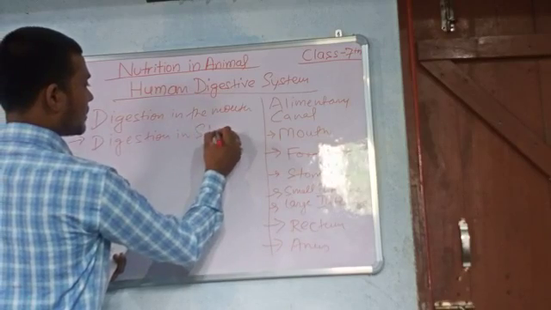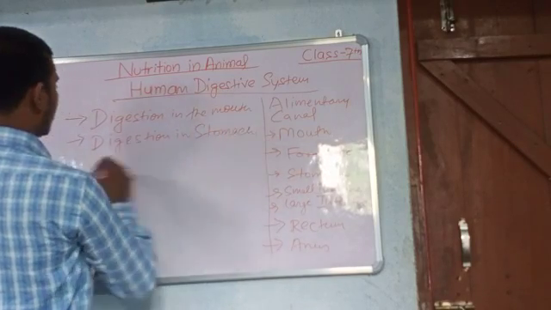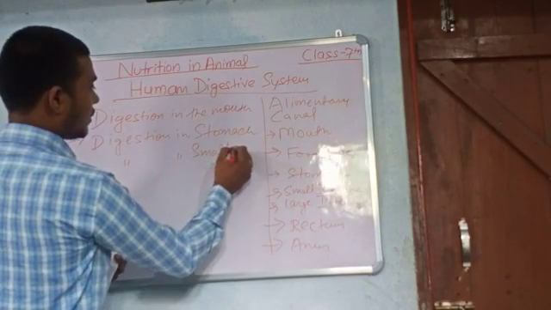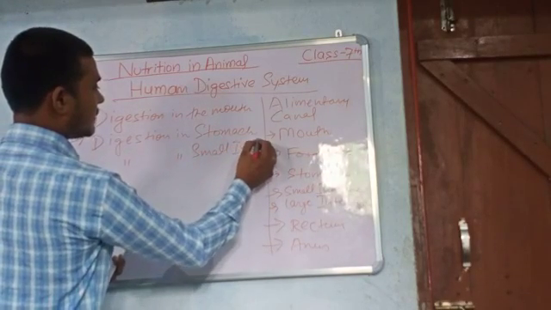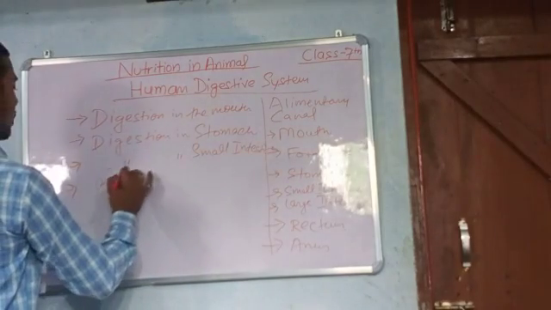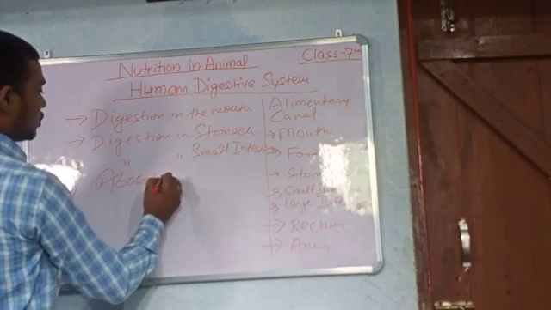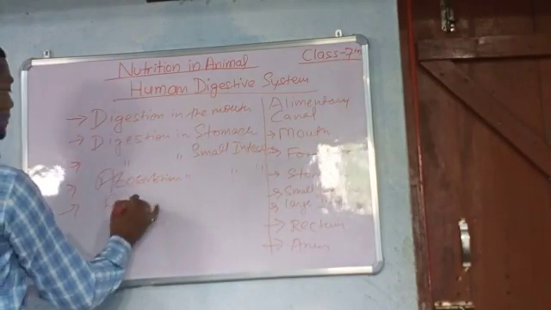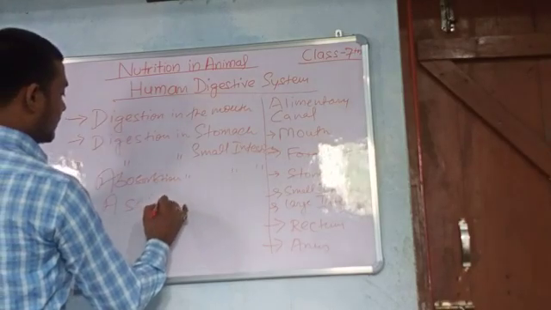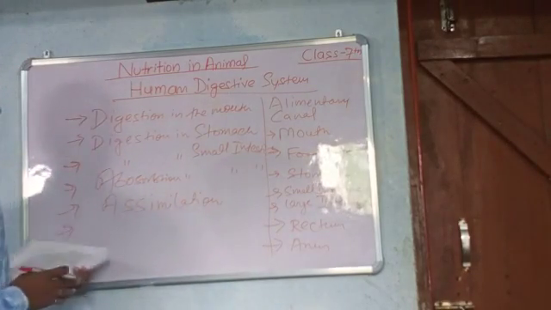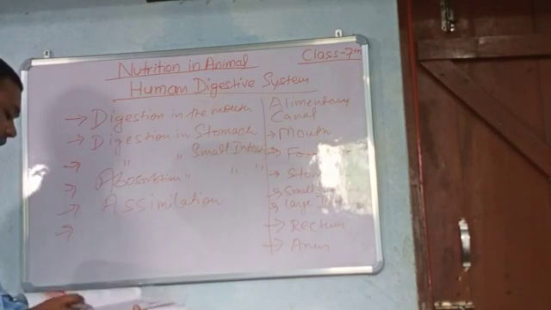Second, digestion in the stomach, then digestion in the small intestine, then absorption in the small intestine, then assimilation, and after assimilation it is egestion.